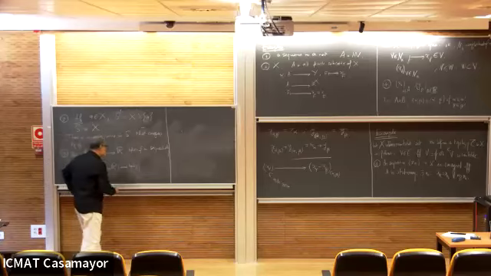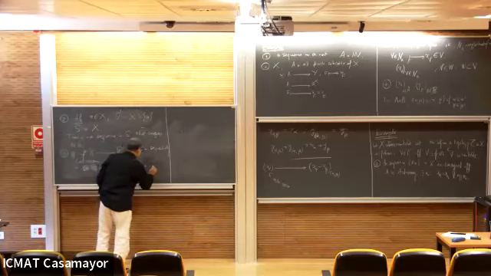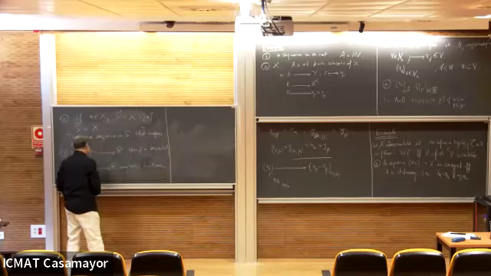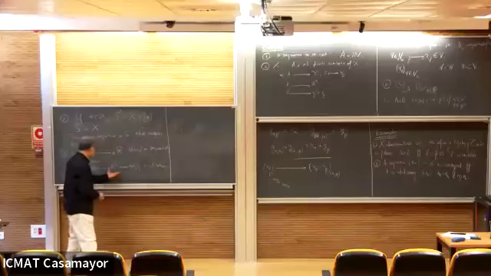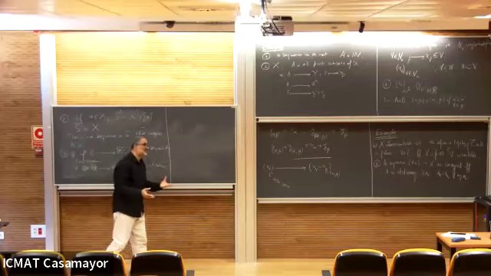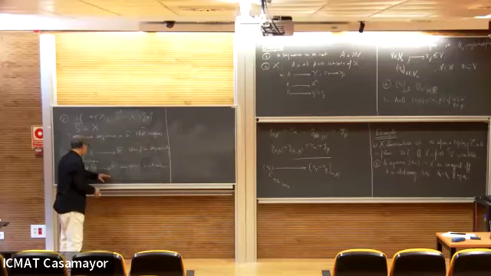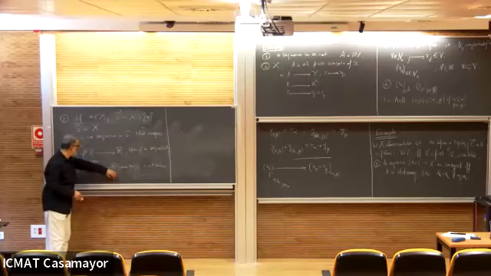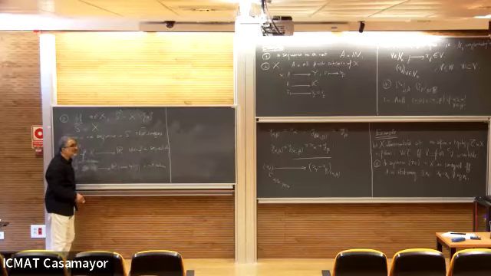This map is not continuous, for example, because the pre-image of an open interval is not open.